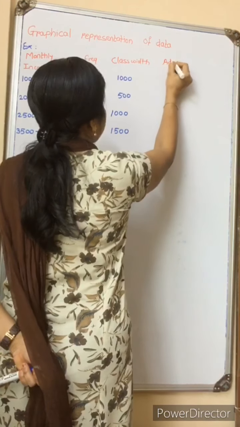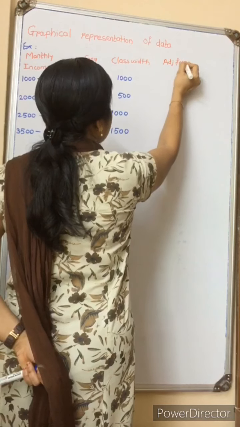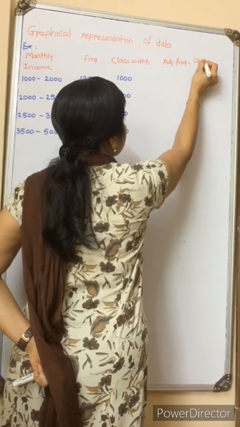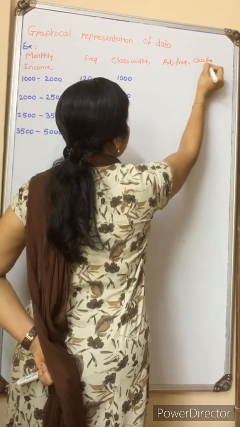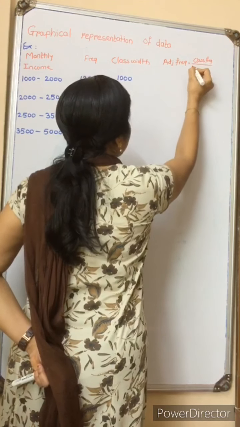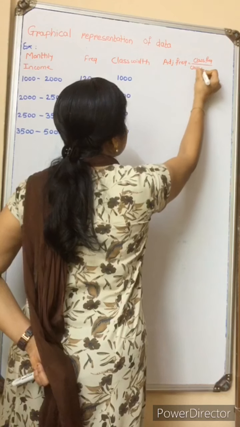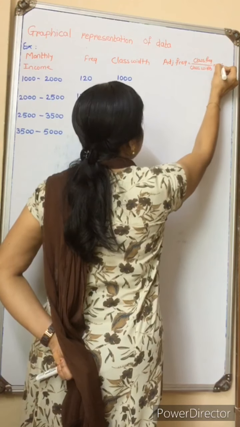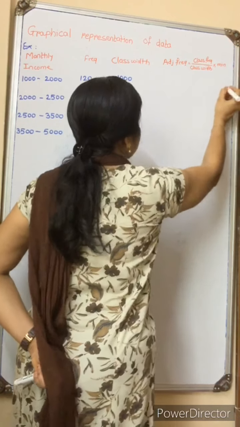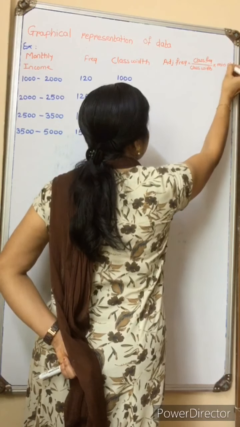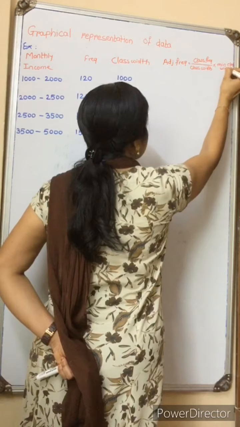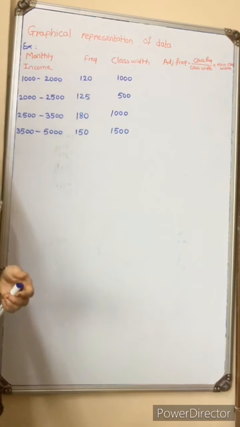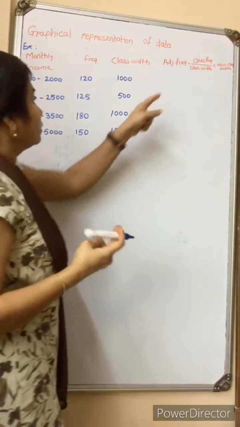Here we calculate adjusted frequency. Once again I write the formula: class frequency upon class width multiplied by minimum width. We need the minimum class width. So by using this formula we find out adjusted frequency.